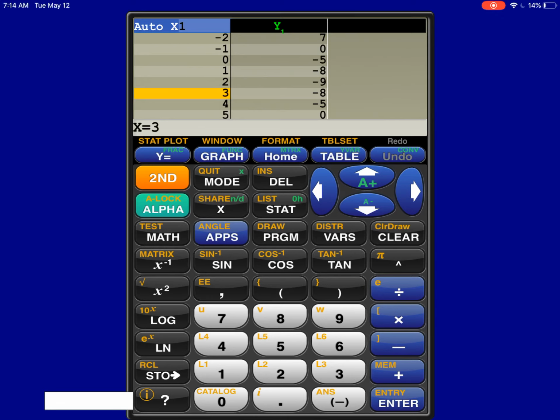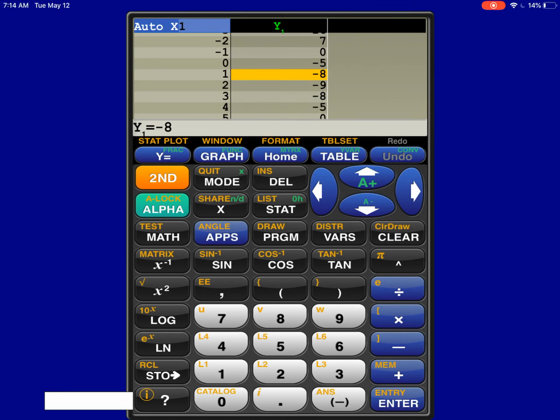But ignoring that -2, 7 for a second, if 2, -9 is in the middle, look what you notice, right? I see right above it -8, and right below it, -8. So there's 2 -8s. Remember those matching y's I told you about? Okay, and above that, -5, and its partner, -5. There's always going to be matching y's evenly balanced around the vertex.